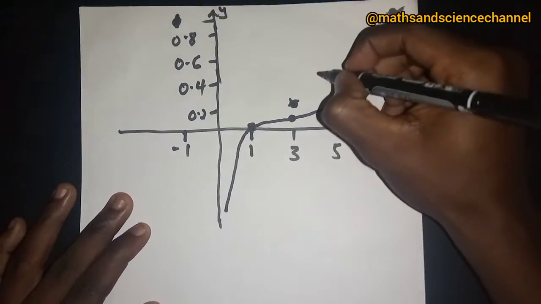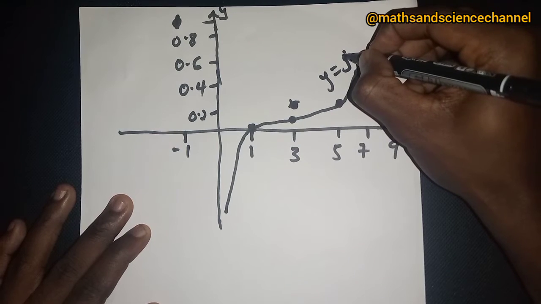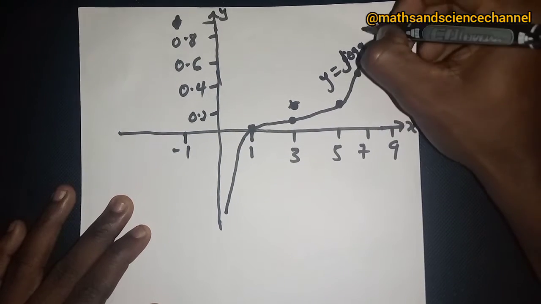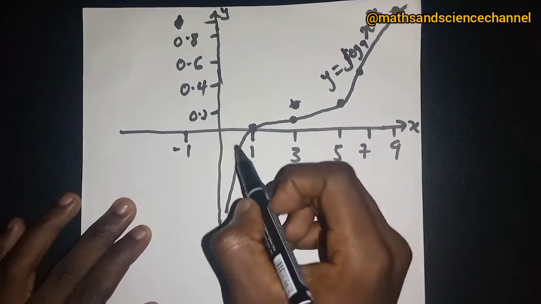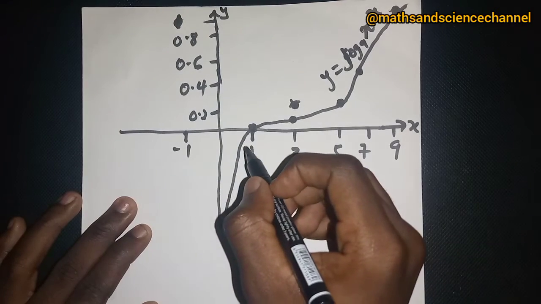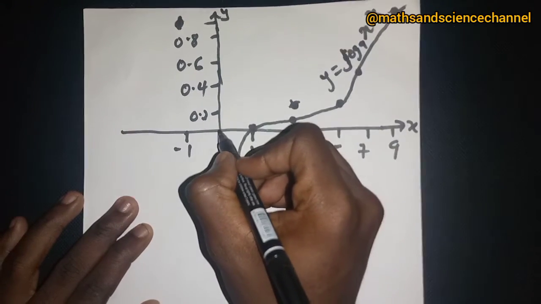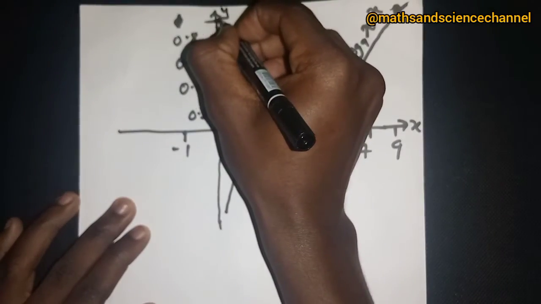So this is when y is equal to log base 9 of x. Then let's take the second function, when y is equal to the square root of 1 minus x squared. When x is 0, y is 1, which is here.